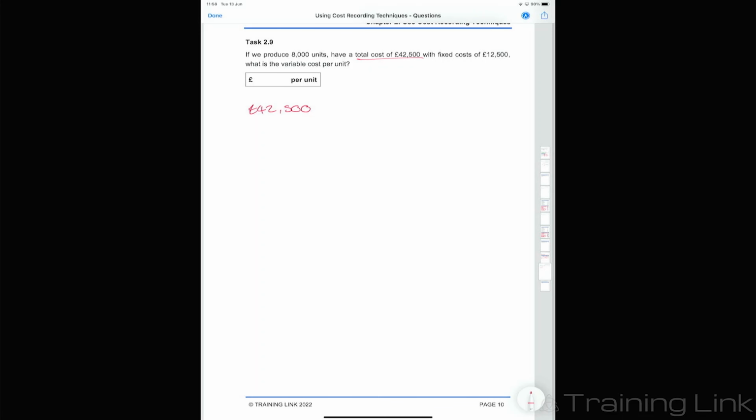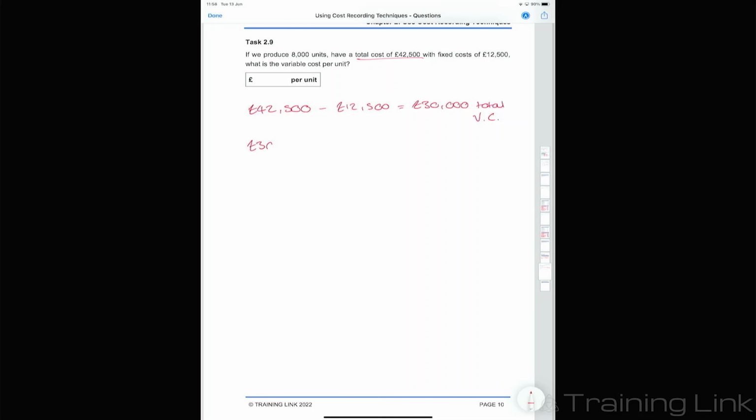So if we deduct our fixed costs of 12,500, then what we should have is £30,000, which is the total variable cost. Okay? So the total variable cost equals £30,000.